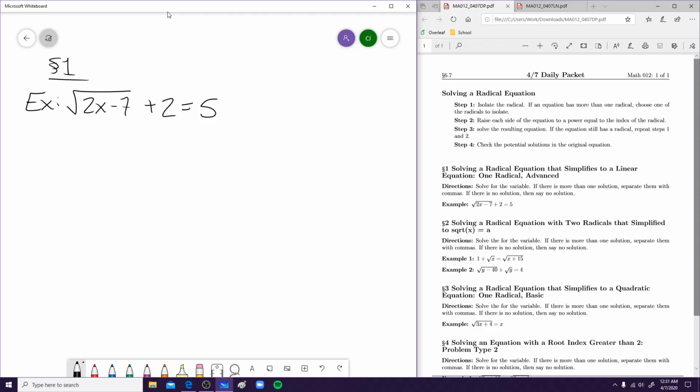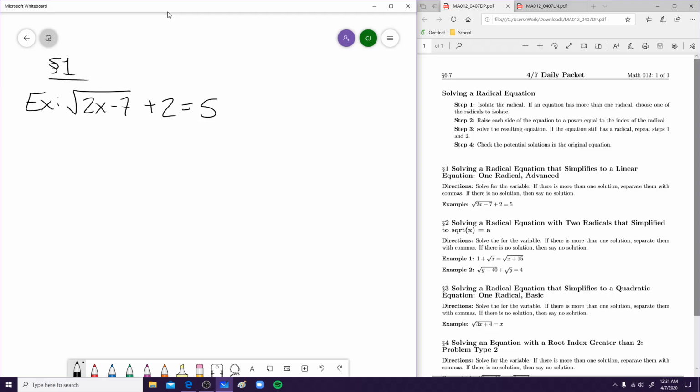So let's look at step 1. Step 1 says isolate the radical. If an equation has more than one radical, choose one of the radicals to isolate. As you can see here, there's only one radical, which is the square root of 2x minus 7. So for step 1, all we're going to do is get this by itself.